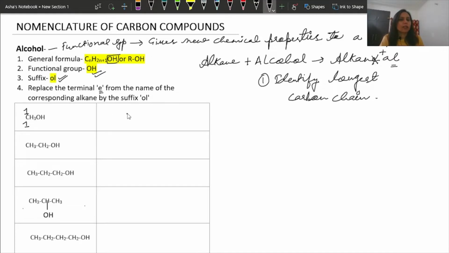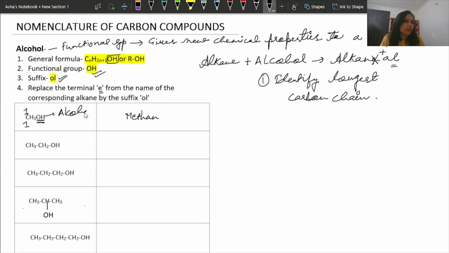So for 1, the root word is meth. So we are writing meth. This is an alkane, so we will be writing AN. But instead of adding E, we will be adding the suffix of the alcohol group. OH is the identification of alcohol.